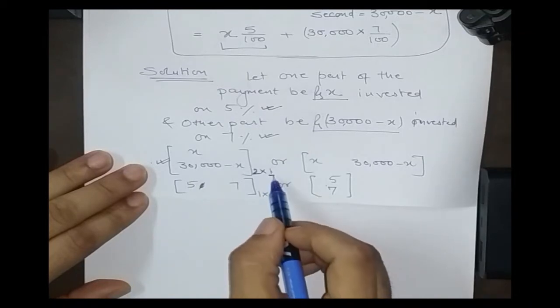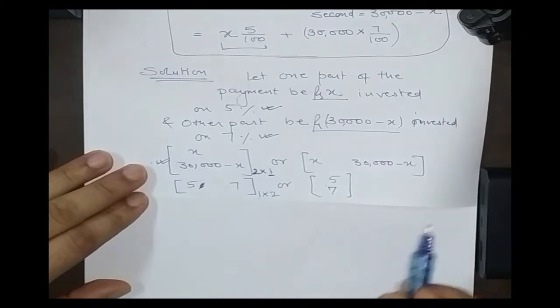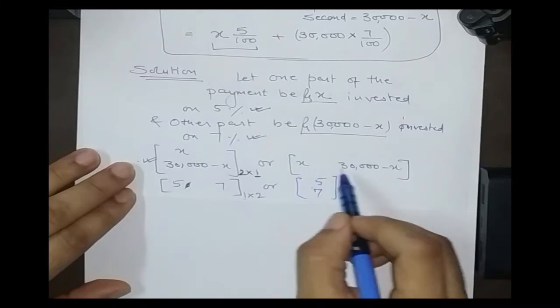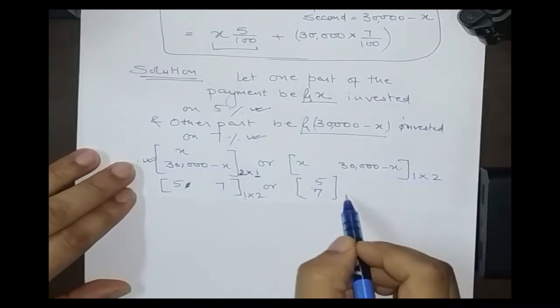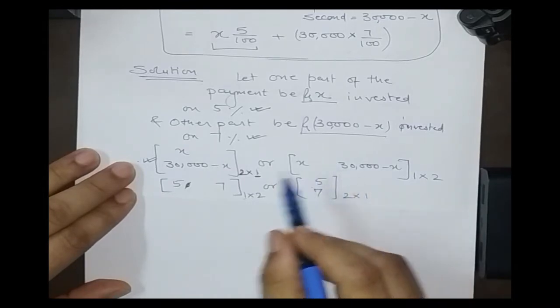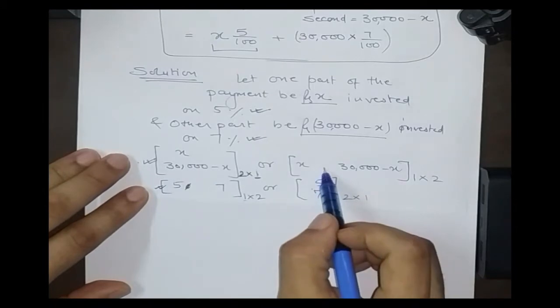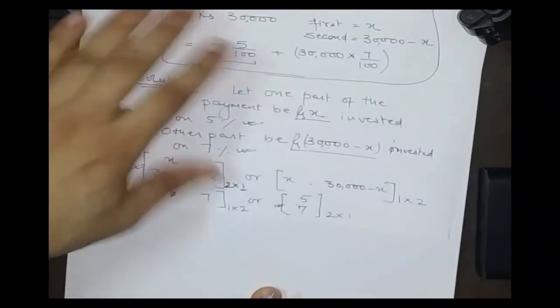Here the number of columns is 1 and here the number of rows is 1. Here in the second portion, if I am writing X, 30,000 minus X as 1 into 2, this is 2 into 1. So if I am taking this, I have to follow this. So I'll continue it here.